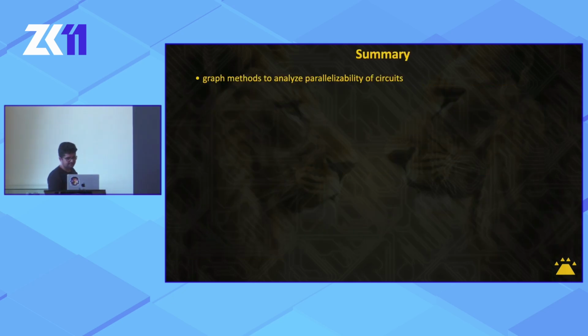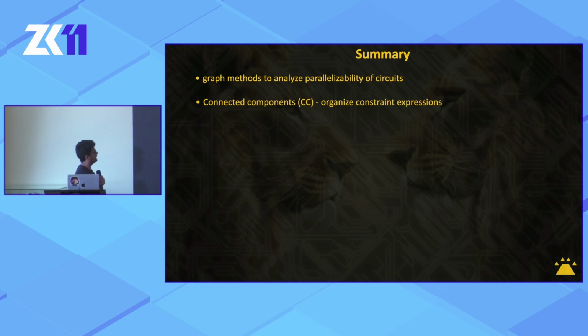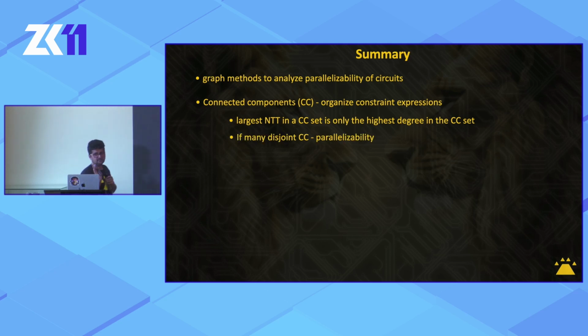I'm going to summarize. We applied graph methods, and we tried to use connected components. The main takeaway from connected components is you only need to compute Fourier transforms of the largest degree in the CC set. If you get many disjoint CC sets, you can parallelize, but it rarely happens in ZK circuits.